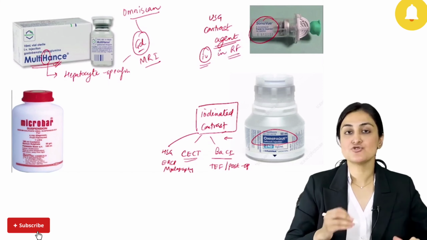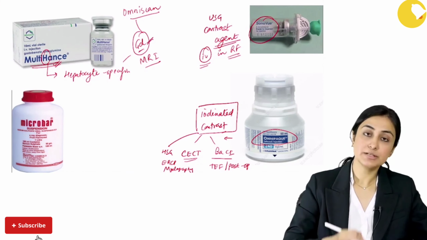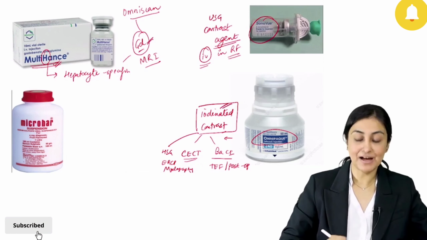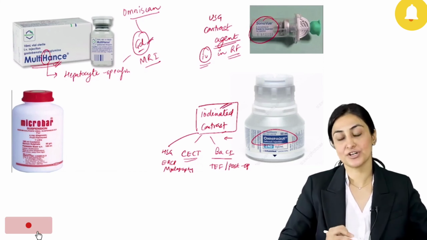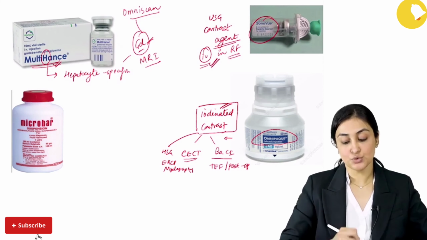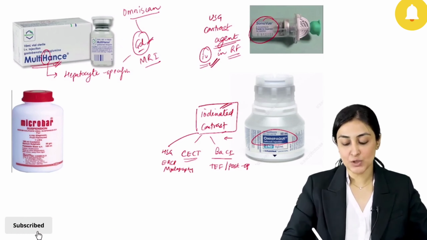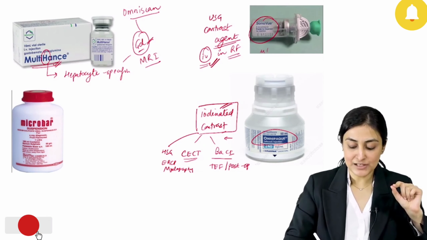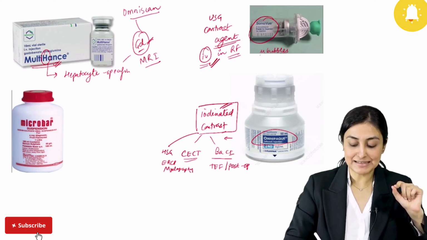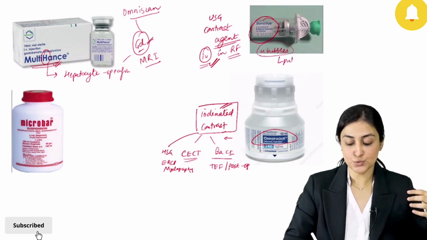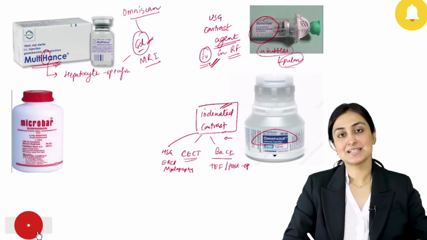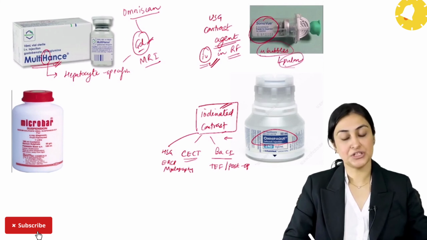So in patients with deranged renal functions, you will have gadolinium which is contraindicated, you will have iodinated contrast which is contraindicated, but SonoVue is going to be safe, okay, because it consists of these microbubbles. It is made up of these very tiny microbubbles which are excreted through the lungs. So that is why it can be easily given in patients with renal failure.